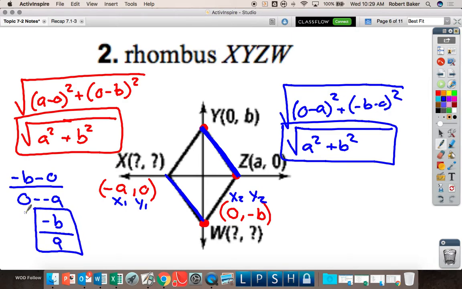Now look at that. Is that a negative slope? So we check. You can kind of check that box off. The slope of this line is negative b over a. Same thing over here. x1, y1, x2, y2. y2 minus y1 over x2 minus x1.